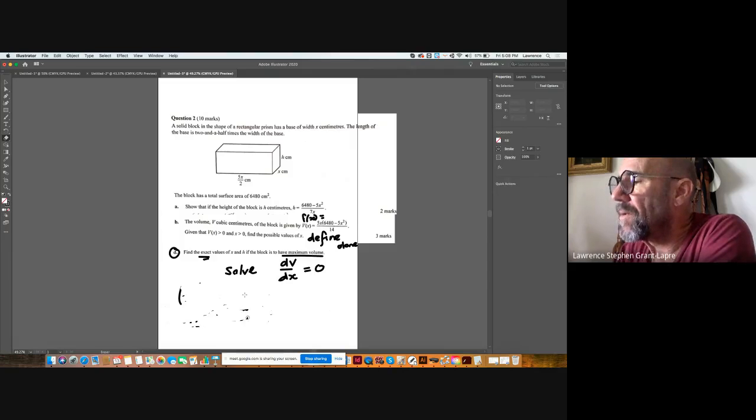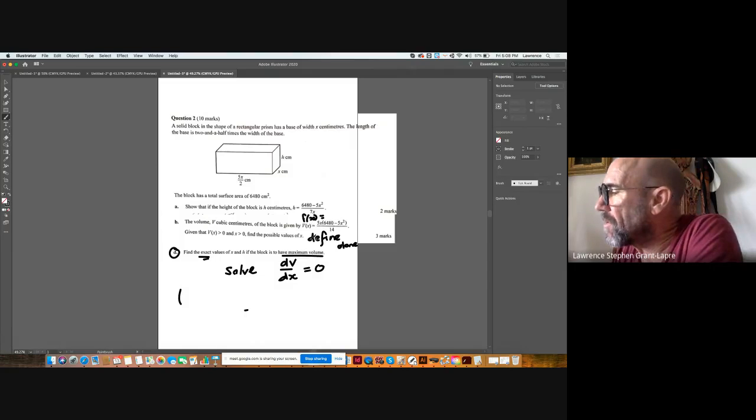All right, so let's go back to this equation here. Now, you can see that v of x equals, let's just expand that, 5x times 6,480 over 14 minus 25x cubed. I've just expanded over 14.